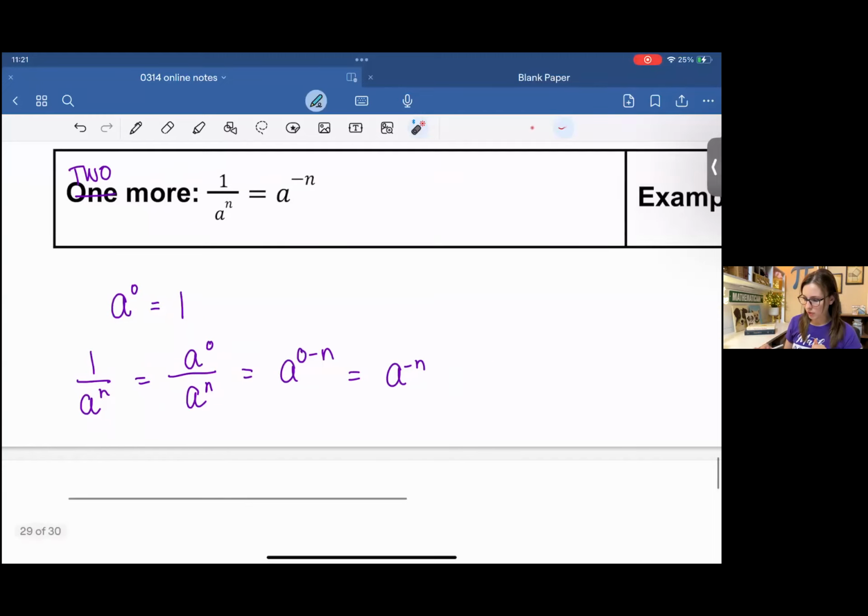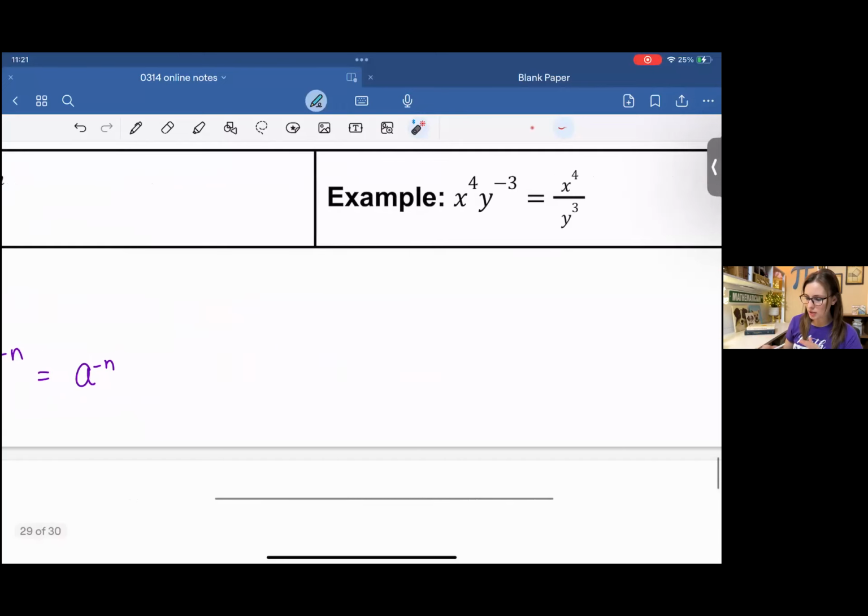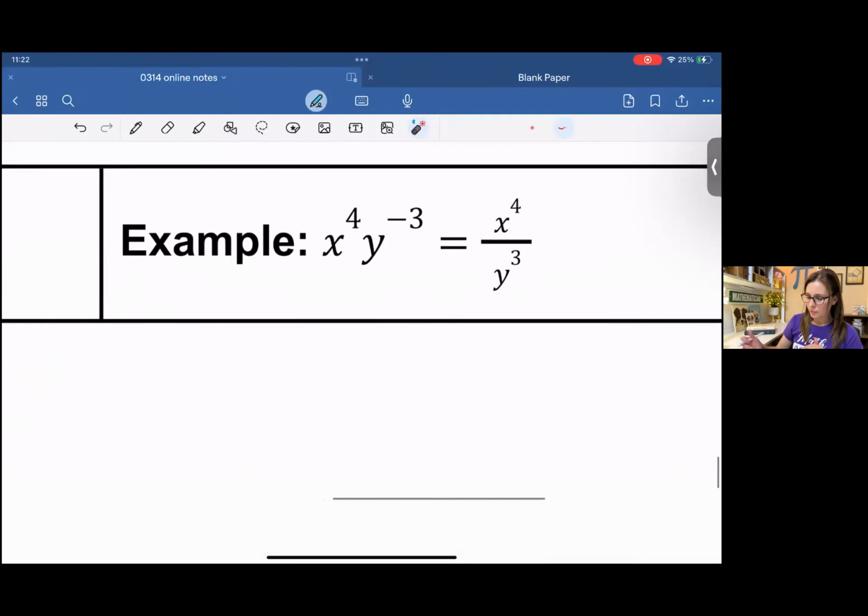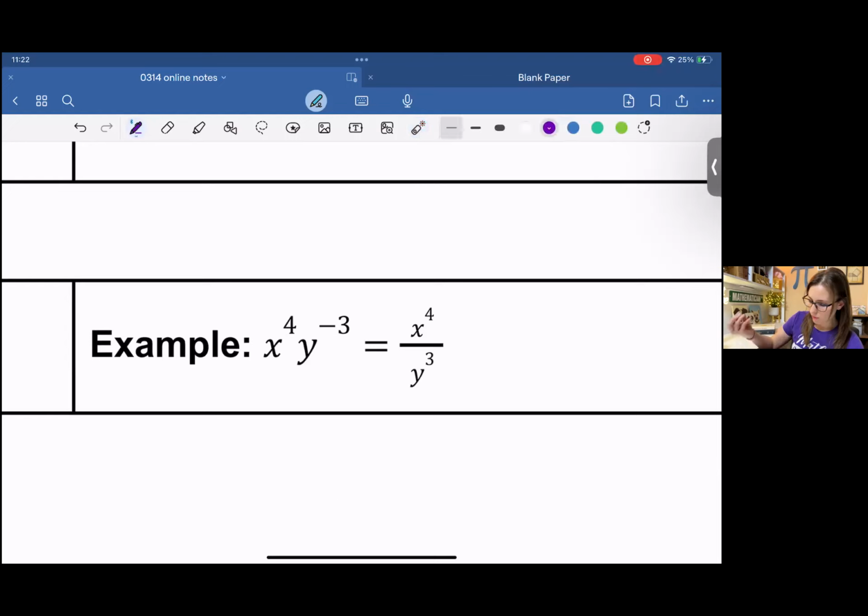Again, I have a different video on that if you want to look for it, but let's look at this example here. I have a negative exponent right here. Actually, I'll just write it out. If I had a problem, x to the 7th and y to the 1st over x to the 3rd and y to the 4th, and then I simplify that, I get 7 minus 3 and 1 minus 4.